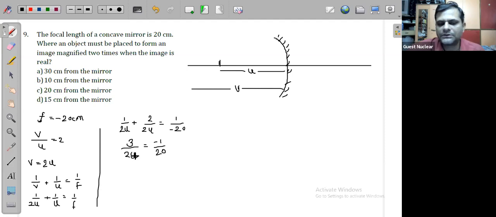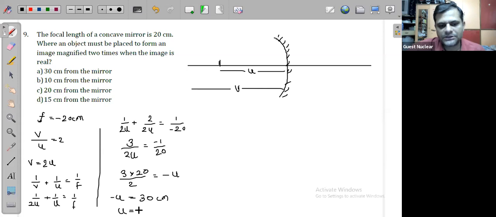And then we can get U here. Just take this 20 to that side, so that we get 3 into 20, divided by 2, which is going to be minus of U here. That means minus of U becomes actually 30, 30 centimeter.